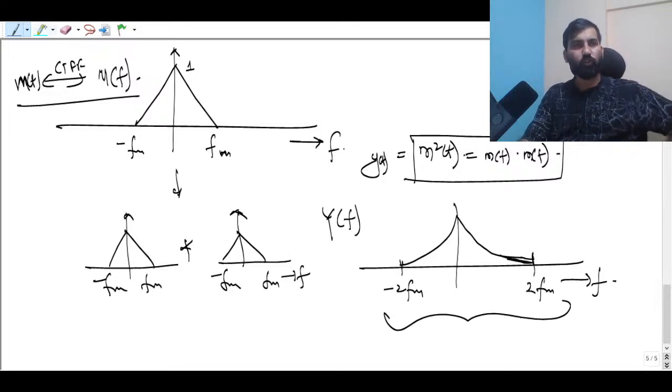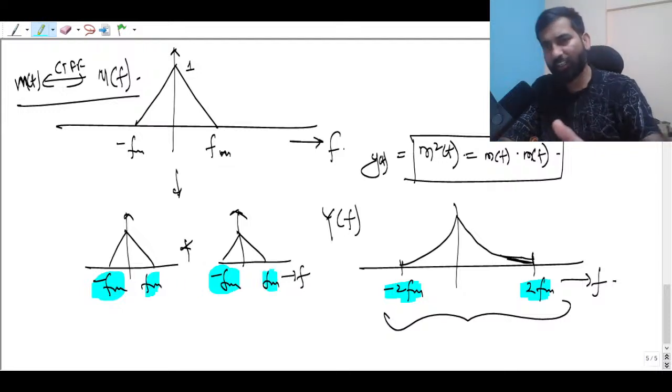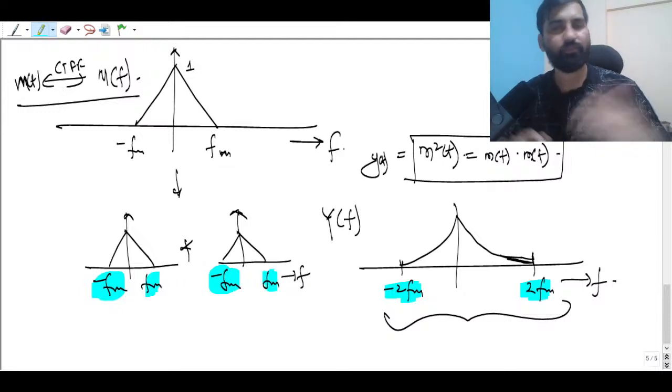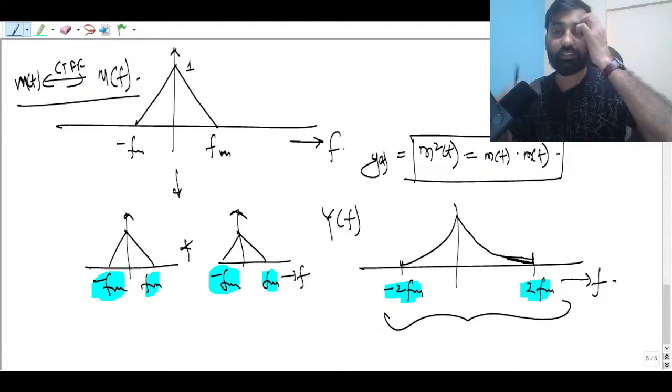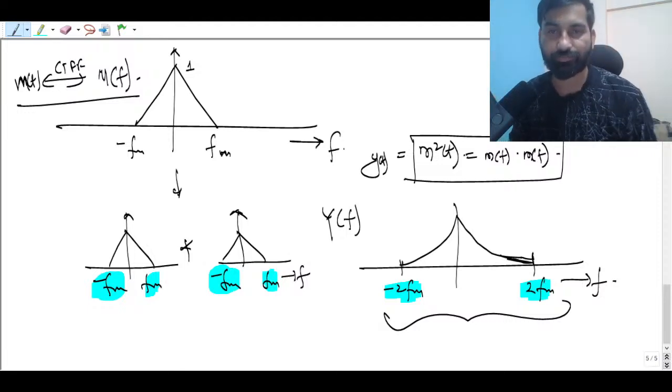This is the lower and this is the upper. How to find that? You add this and this, this and this. Those who attended my class on convolution can do this, right? So this is the spectrum for m square t, the message signal when it is squared. I think this is clear.